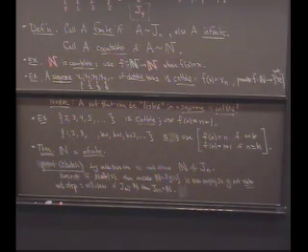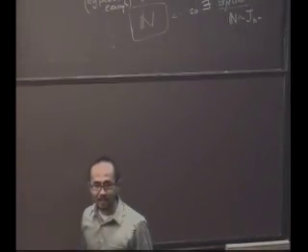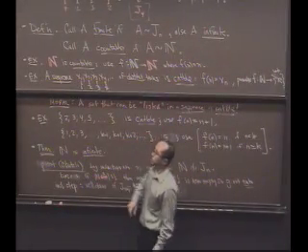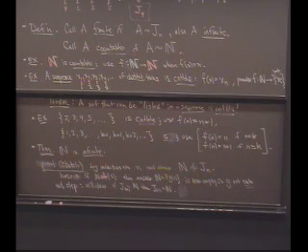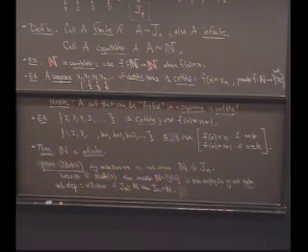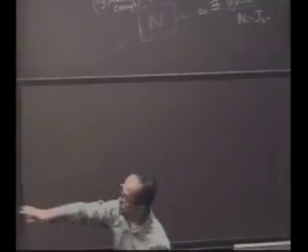How can you have a set that in some sense has the same size as a proper subset of itself? And it turns out that that is something that characterizes infinite sets. A set is infinite if and only if it can be put into one-to-one correspondence with a subset of itself. And we've just seen that here.